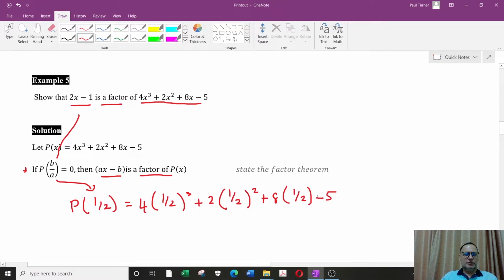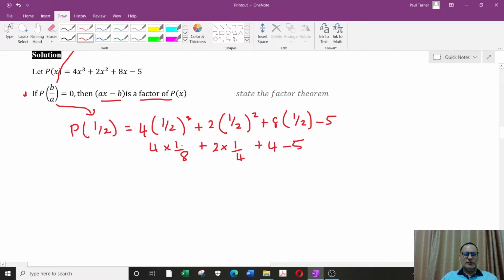So you're going to get 4 times a half cubed is 1 on 8, plus 2 times a half squared is 1 on 4, plus 8 times a half, 2 into 8 is 4, minus 5.